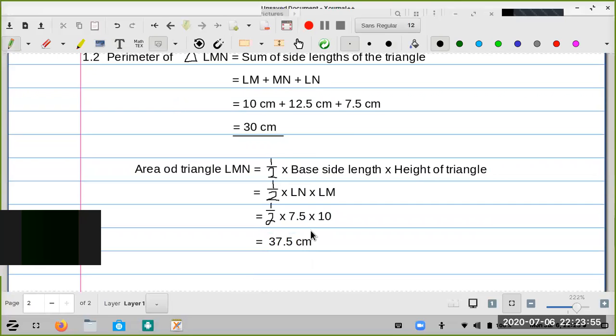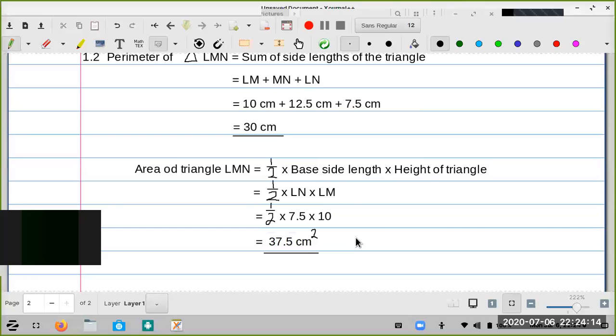Why are we putting the square? The square simply means we are multiplying centimeters twice. So it becomes 37.5 centimeters squared. So this is how we calculate area, right?